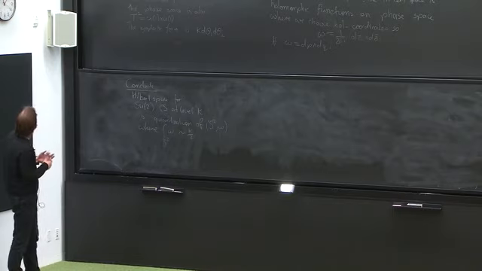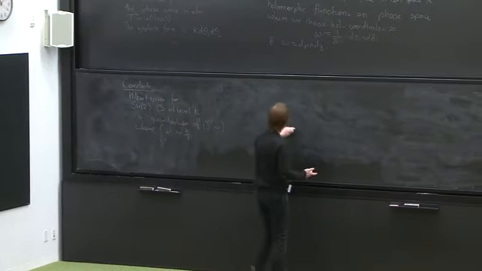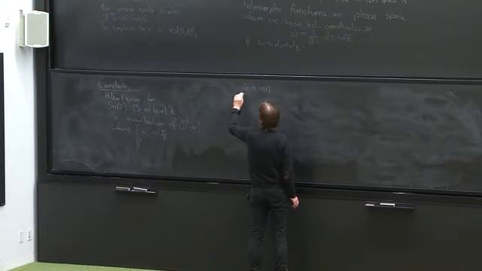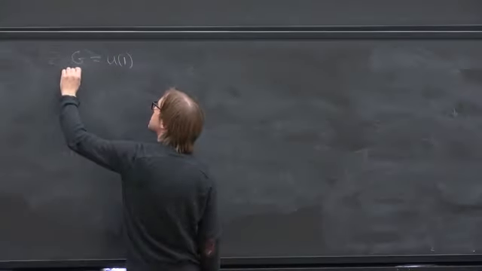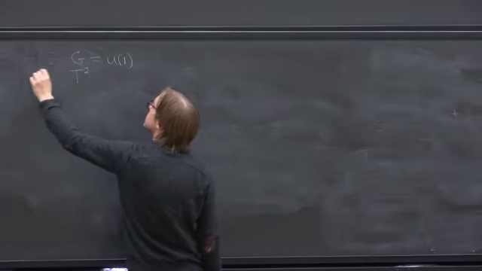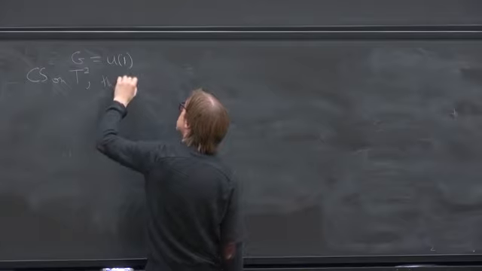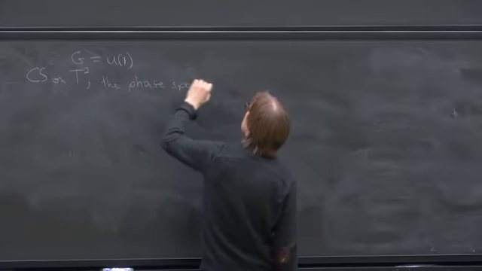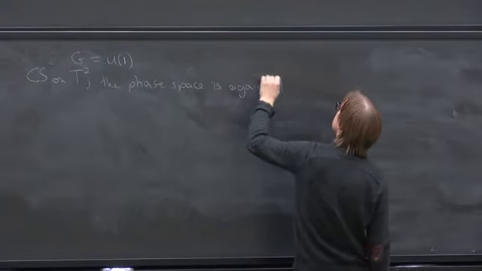So I think the last thing I wanted to briefly discuss is to take an example we mentioned before. For G equals U(1) and the 2-torus, and Chern-Simons theory on the 2-torus, the phase space is again the 2-torus.